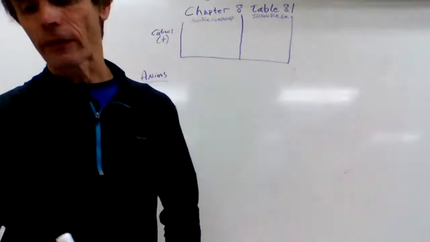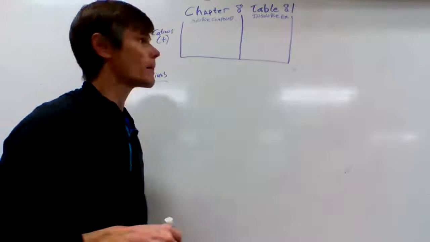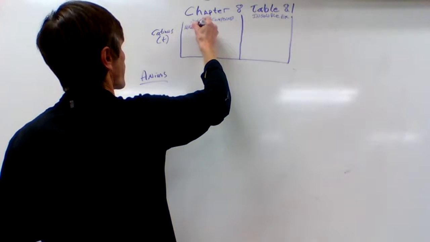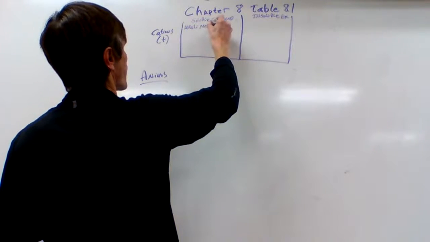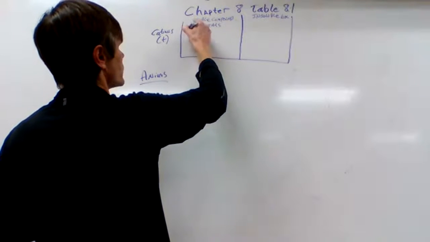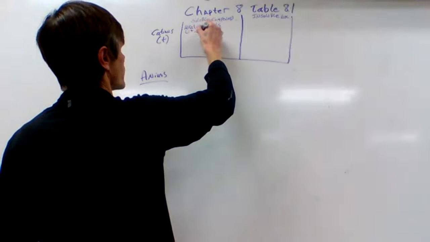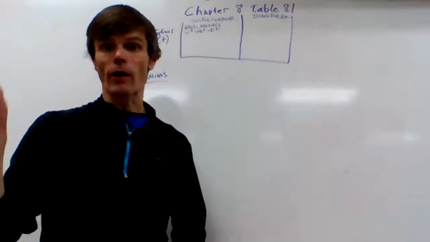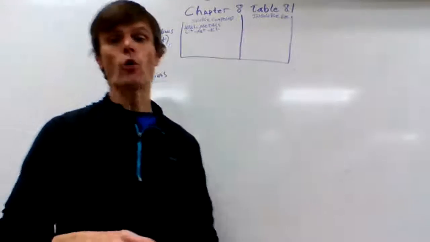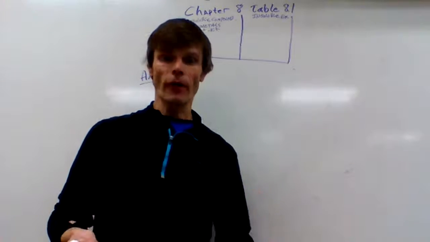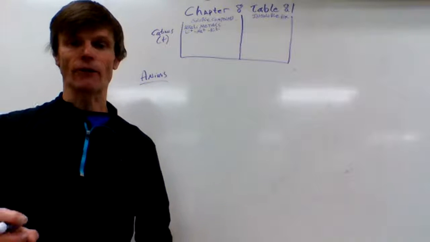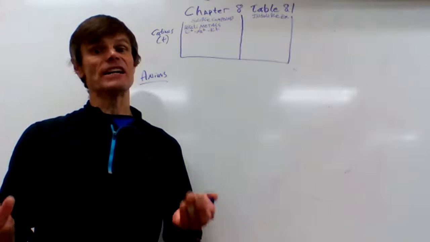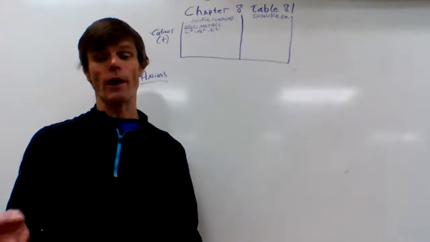Let's look at a few of these entries. On the top, we have our alkali metals. These include lithium, sodium, potassium, and several others. All of our alkali metals have no insoluble exceptions. In other words, if you have a compound composed of an alkali metal as the cation, it's always going to be soluble in water.